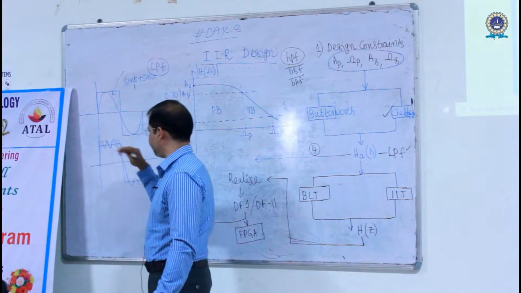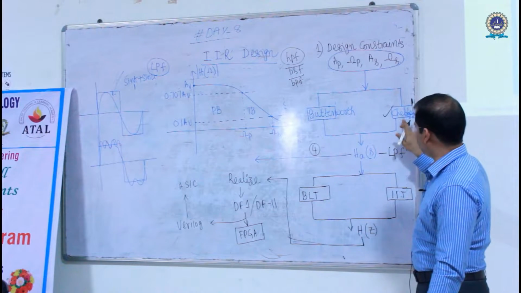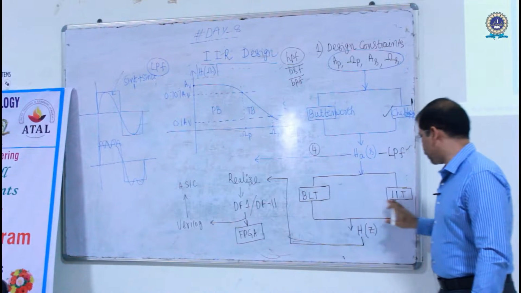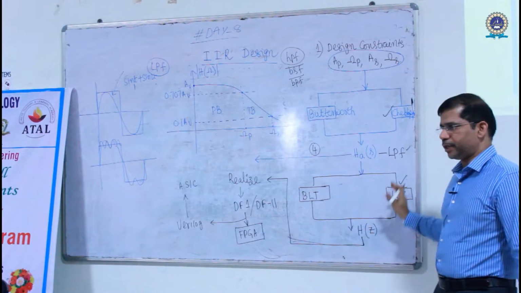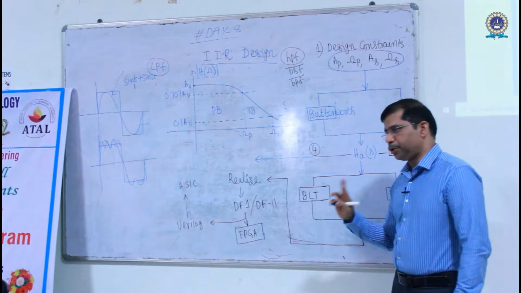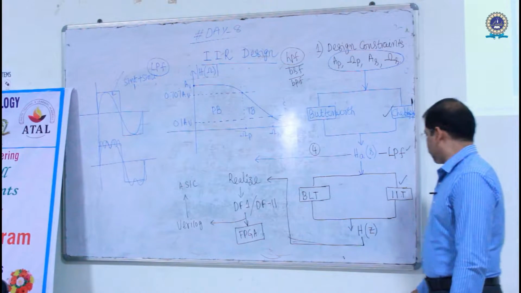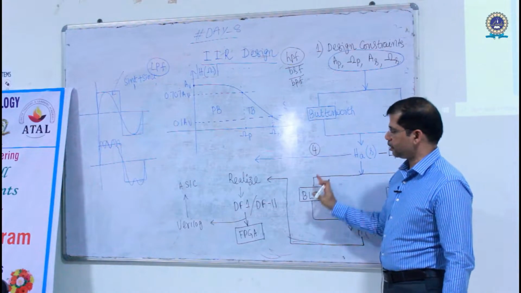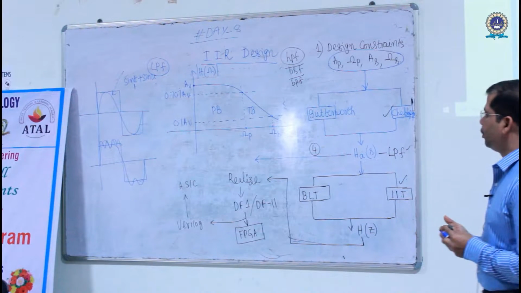Compared to bilinear, the impulse invariant technique is better than the bilinear, because in the bilinear case you are going to do two approximations, so that's another disadvantage there. So this is actually the fundamental that we have to look into.